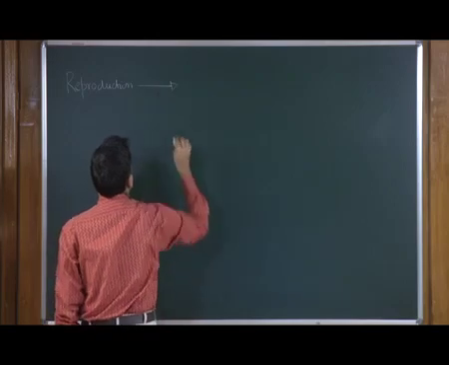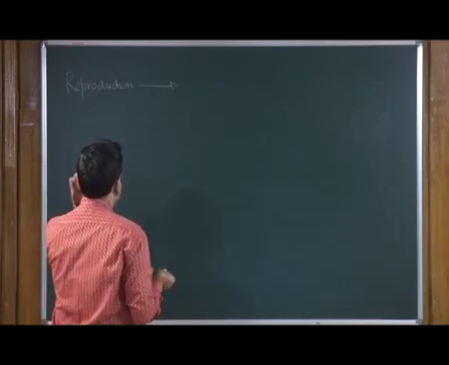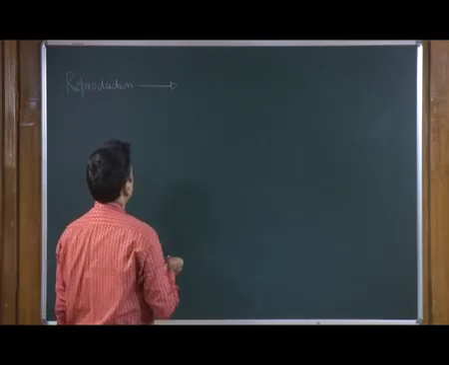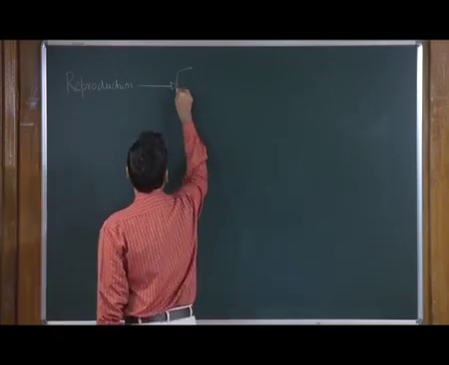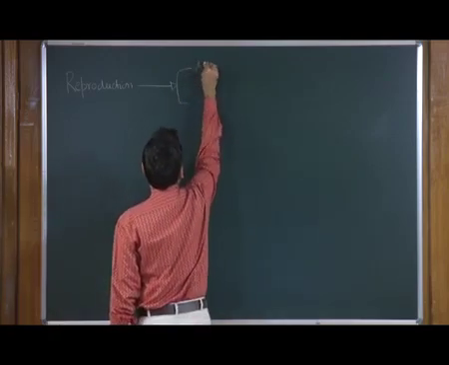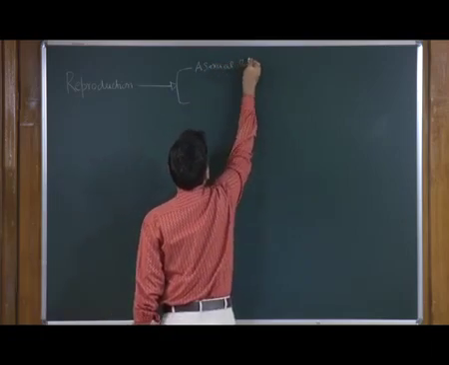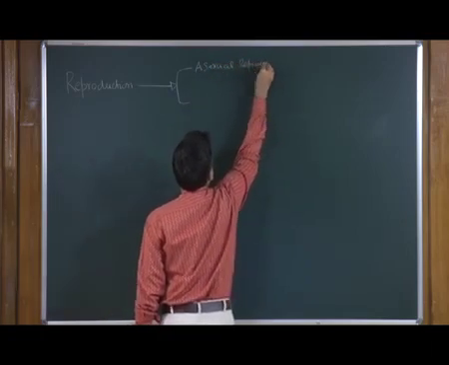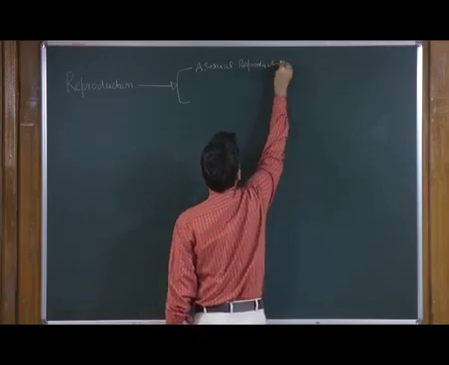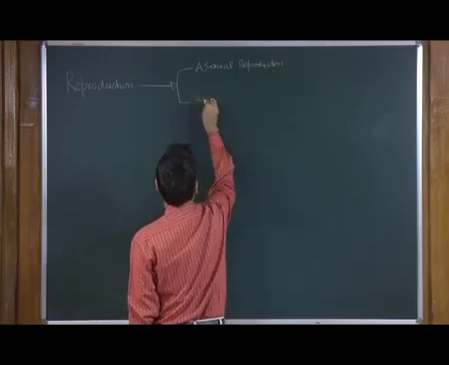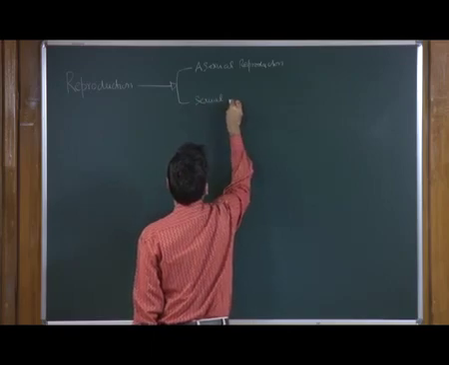So, in the plant system, reproduction can occur by two modes. One is called asexual reproduction, and the second one is called sexual reproduction.